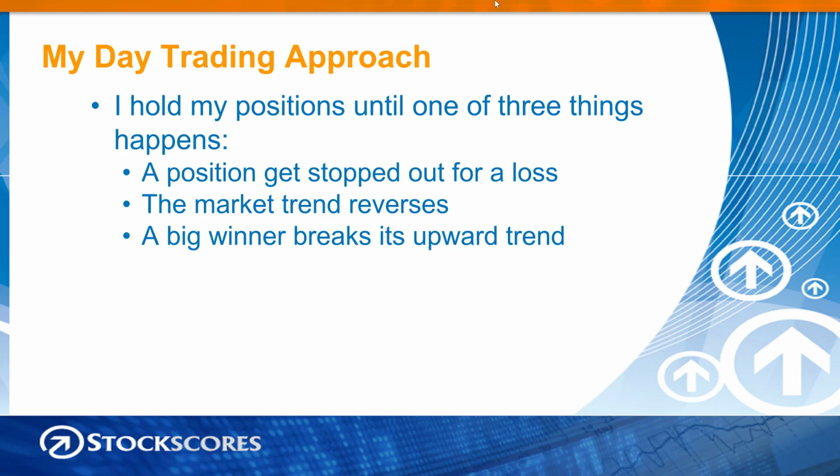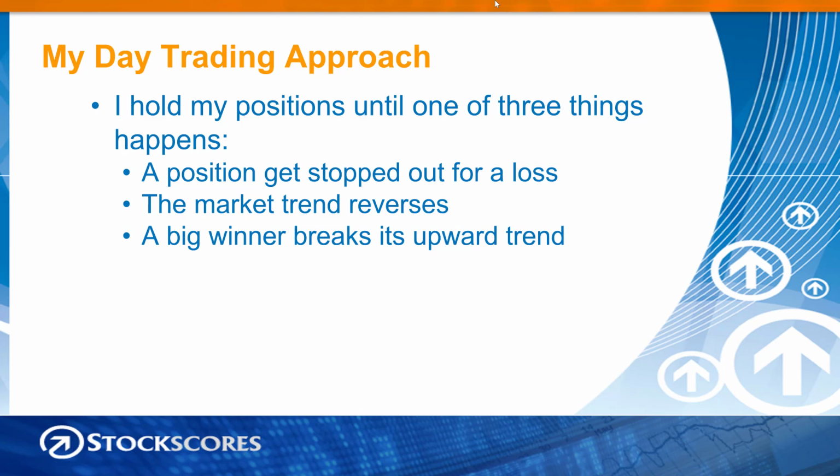Once I'm in my trades, I will hold my positions until one of three things happen. Either a position gets stopped out for a loss because it didn't work, because the market trend reverses. So on a day like today, when it was a buy day, as long as the market's trending up, I'm happy. But if the market trend was broken, if that upward trend for the overall market was broken, then I would exit.